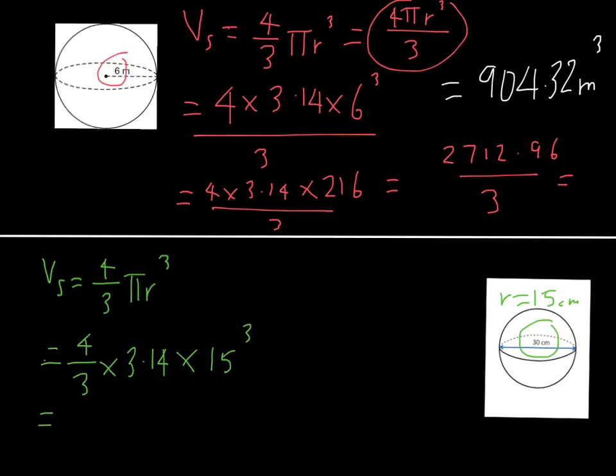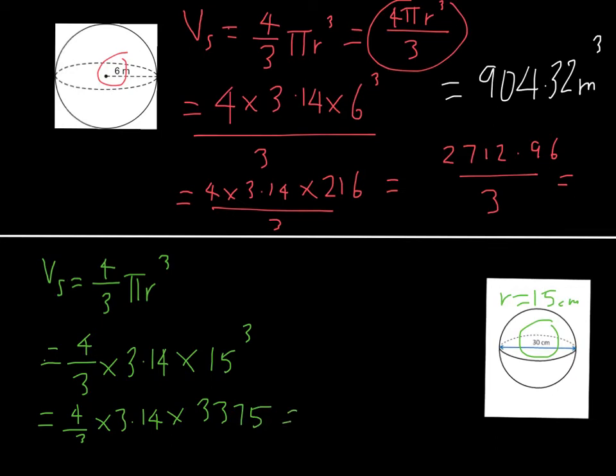So that's going to be equal to 4/3 times 3.14 times 15 times 15 times 15, which is 3,375.